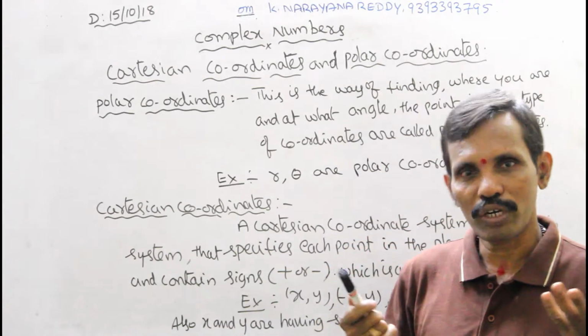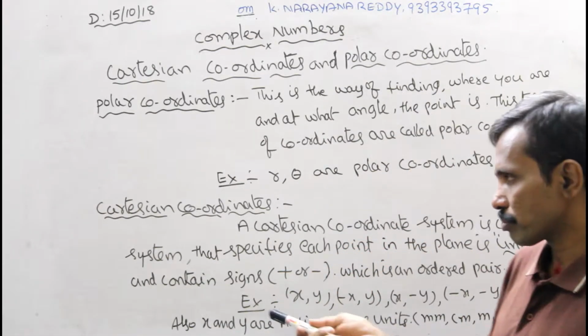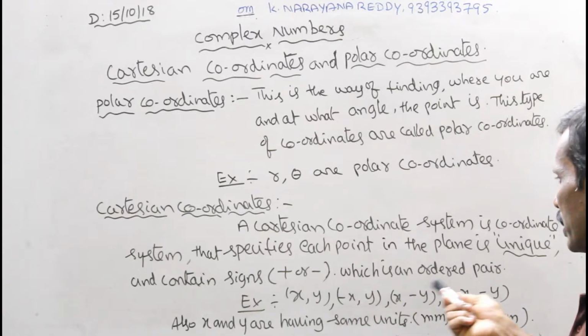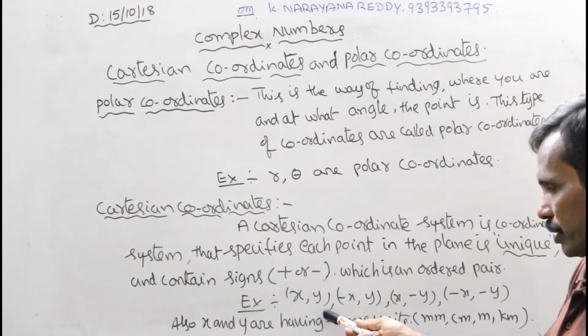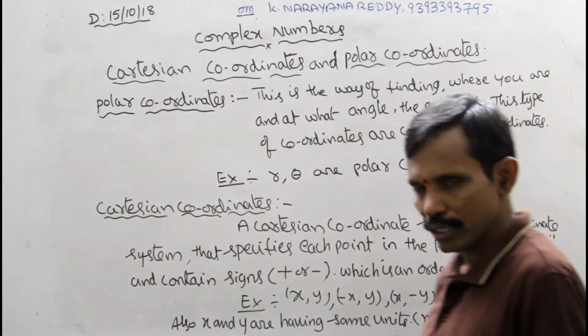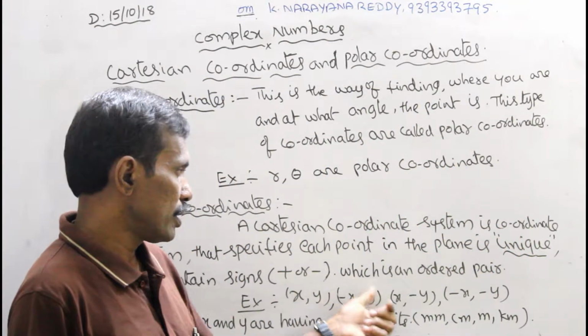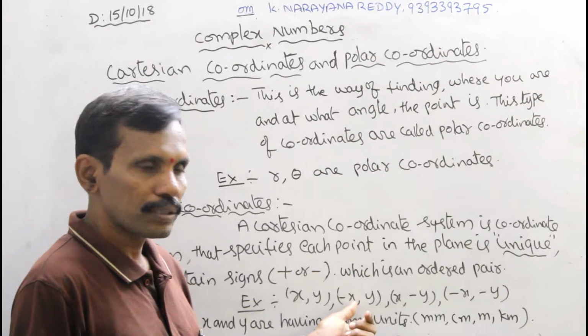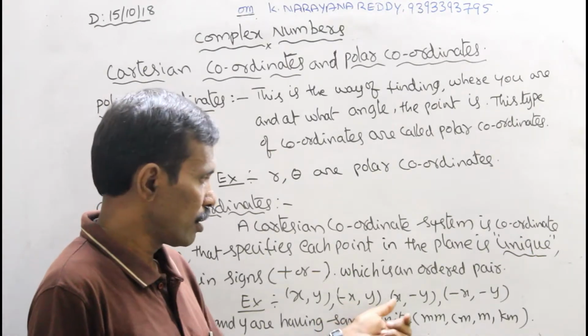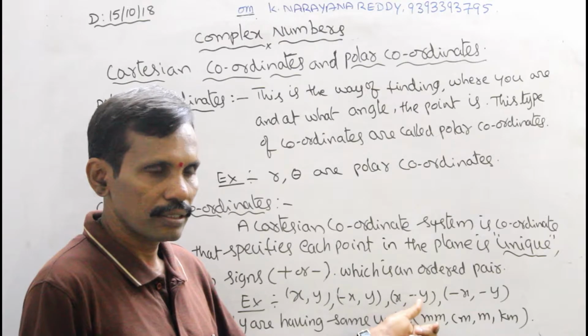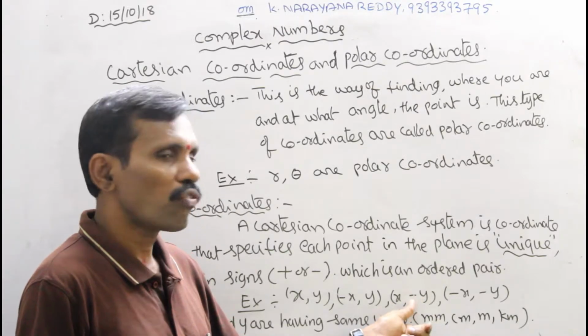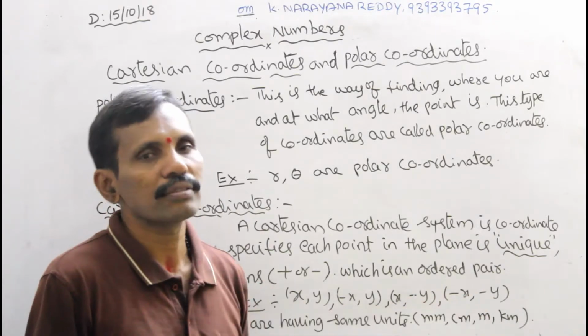Example X, Y. This is the first quadrant. This is minus plus, the second. Minus minus is the third. This one is the fourth.